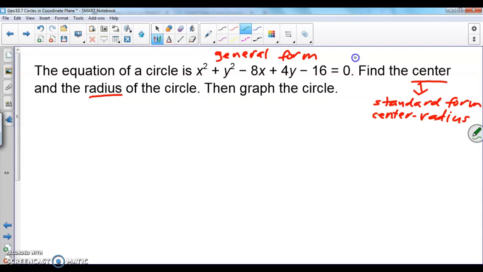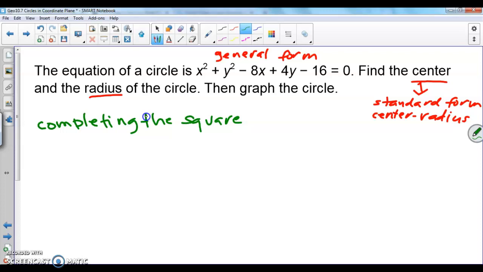So let me write it down. We're going to use a process called completing the square. Now, if you're a 10th grader, we did this together with the methods in solving quadratic equations. Okay, so I'm going to slow down a little bit so we will all be on the same page.